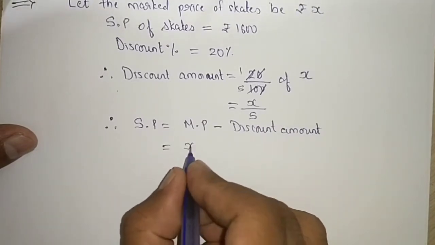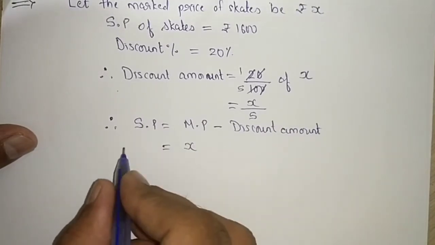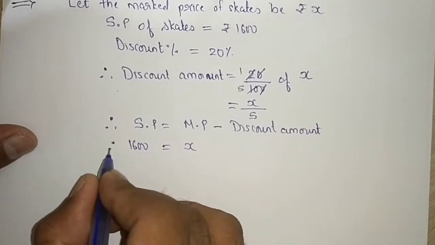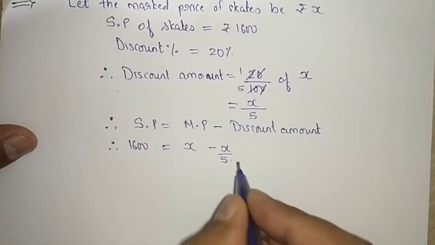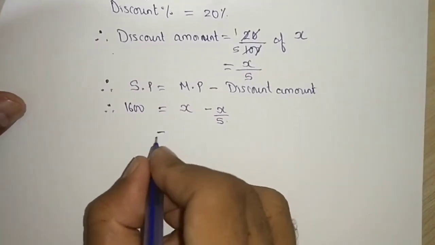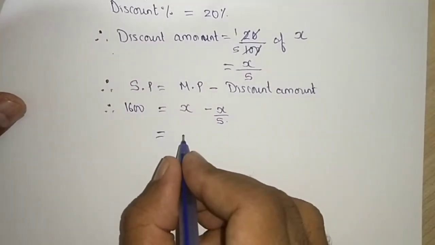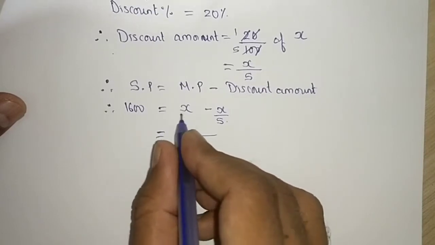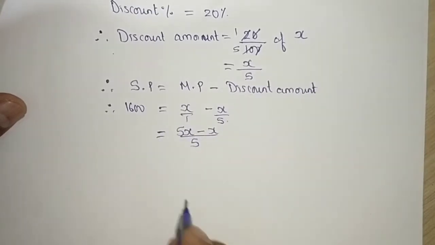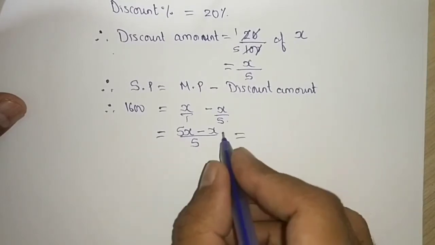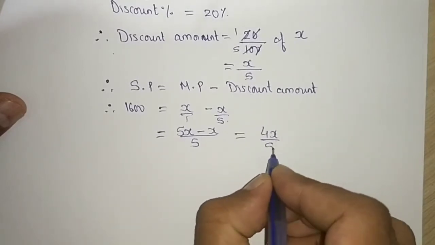Marked price we have supposed as X, selling price we already have, and discount amount we have got X divided by 5. We will solve the RHS taking LCM as 5, so 5x minus x will give me 4x divided by 5.